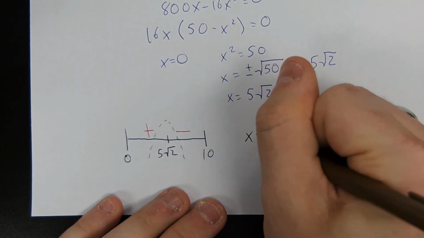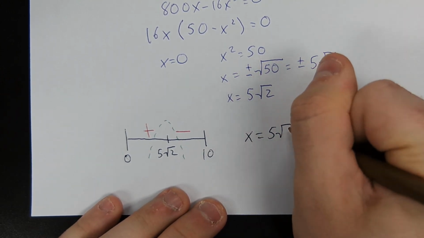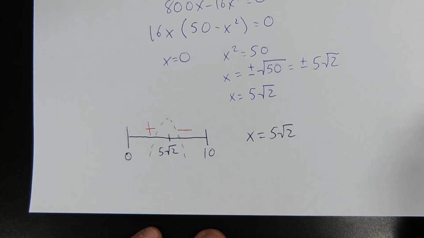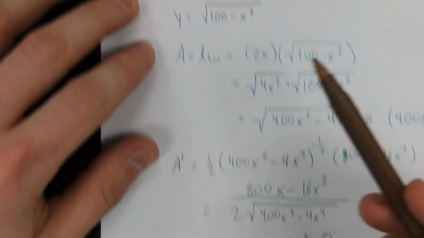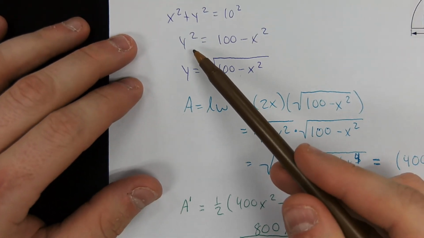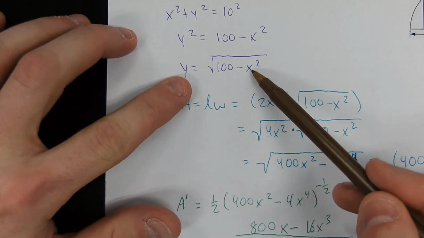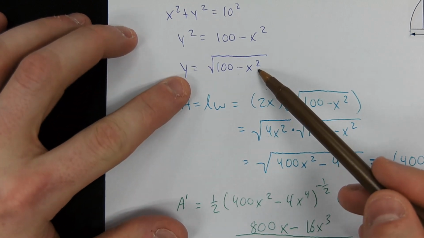And if x equals 5 root 2, then what does y equal? Well, no. You have to solve for it. Plug in 5 root 2 right here.